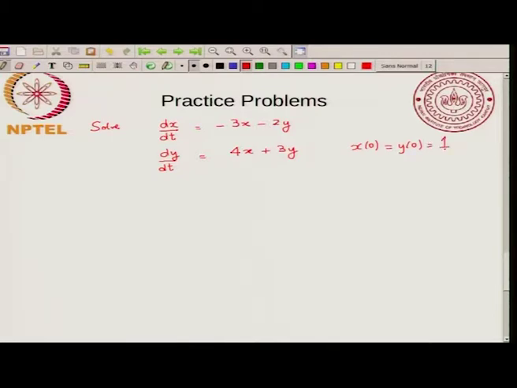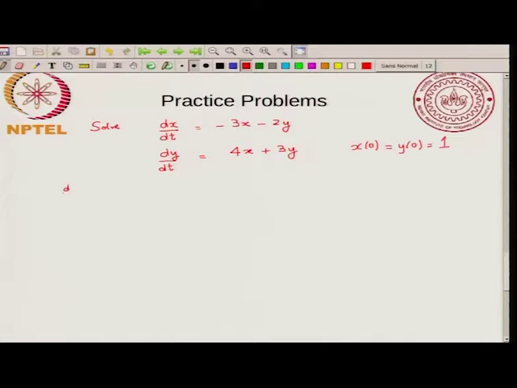Okay. So, here since I have two differential equations, I need two initial conditions, x of 0 equal to 1 and y of 0 equal to 1. So, these are the two initial conditions. So, when you finally solve this equation, you will have no undetermined constants. Okay. So, now what you could do is I can immediately write this in matrix form.